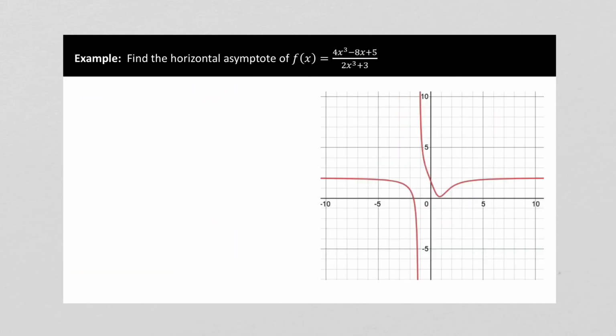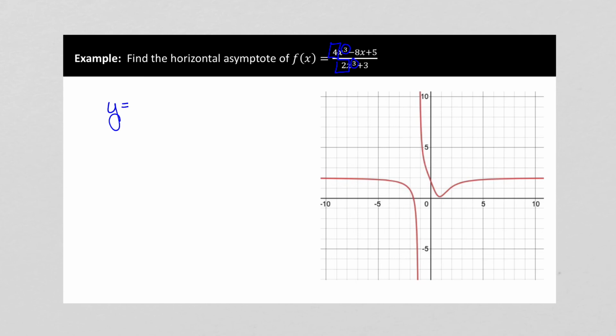Find the horizontal asymptote for this one. Let's see, the degree of the top is equal to the degree of the bottom. So that means that our horizontal asymptote is the leading coefficient of the top over the leading coefficient of the bottom.